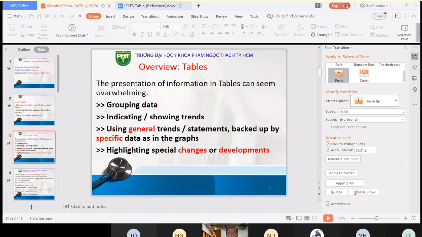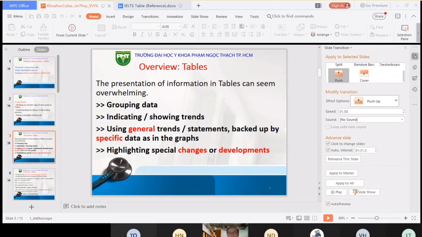The first tip I have for you is to describe the details of the table. You should know how to group data, compare the figures in groups, and figure out the overall trend of the whole table.